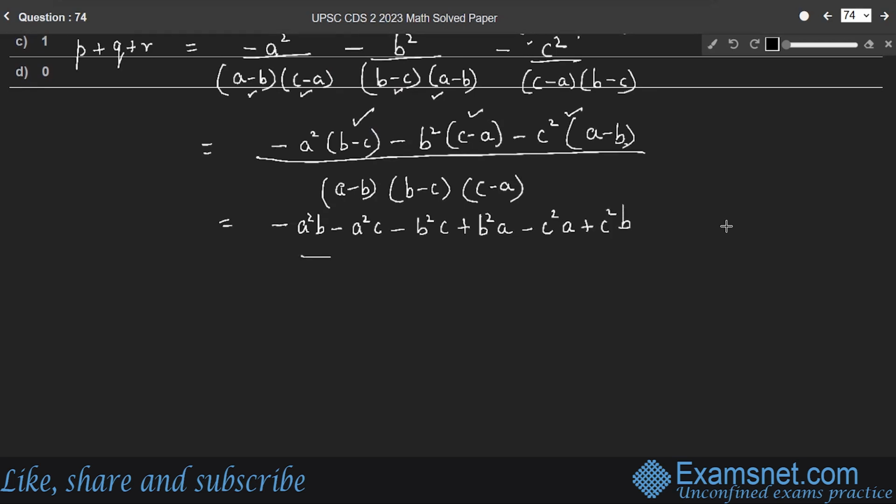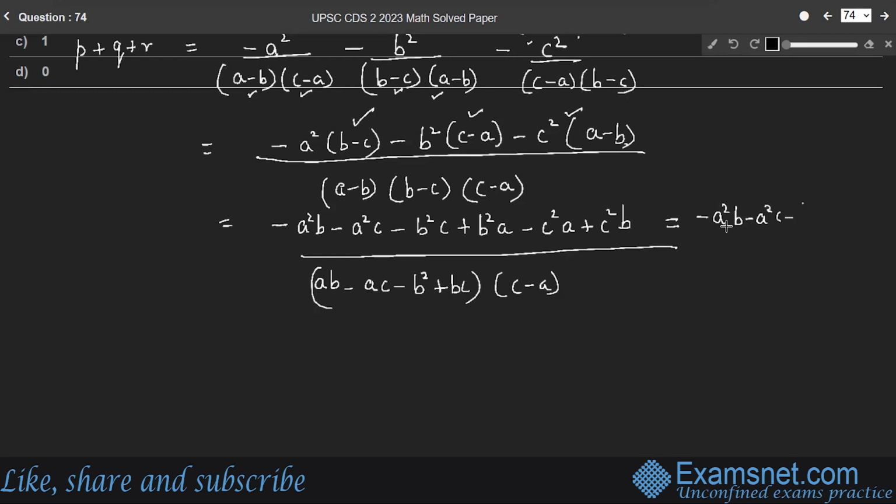And the denominator becomes a minus b into b minus c, which we expand: ab minus ac minus b square plus bc, into c minus a, the last term. Just take the numerator as it is: minus a square b minus a square c minus b square c plus b square a minus c square a plus c square b, divided by the expanded denominator.